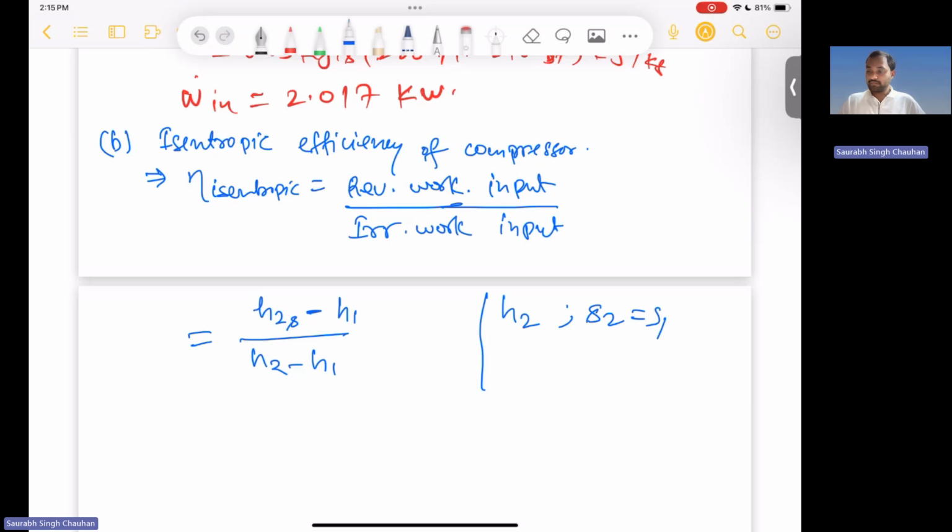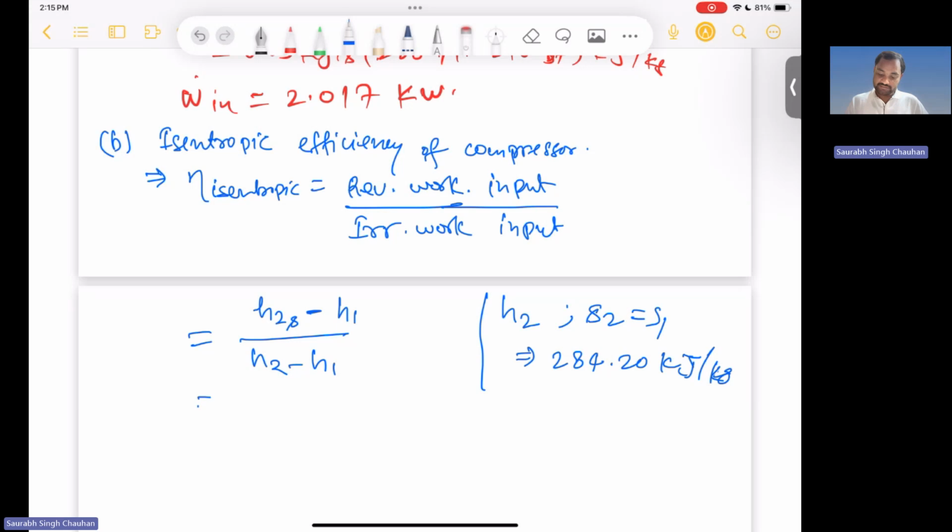From the table, with some interpolation, you can get an approximate value, 284.2 kilojoule per kg.